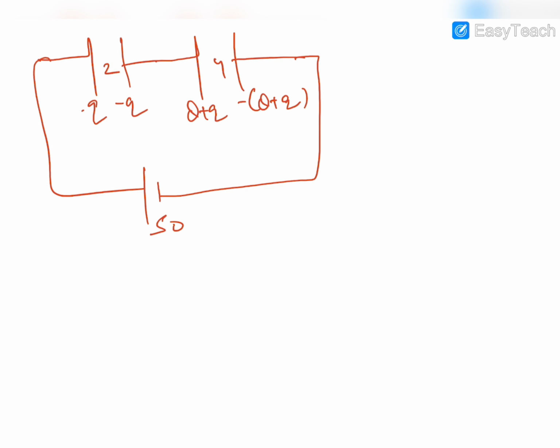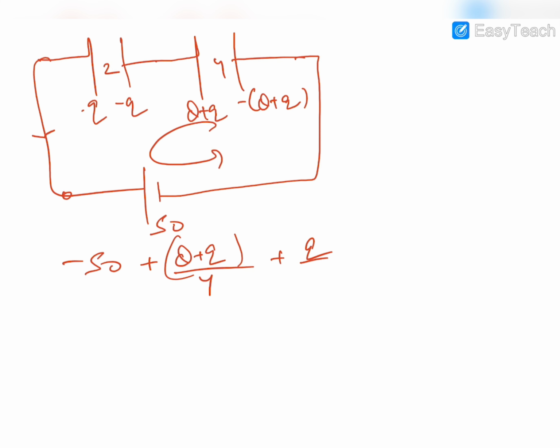So applying the KVL, if we are going like that, starting from this point, so minus 50, and this would be plus Q divided by 4. Q by C is voltage, and plus Q by 2 is equal to 0.